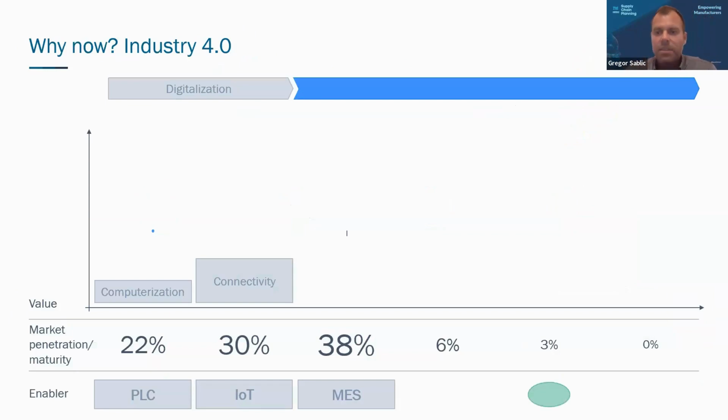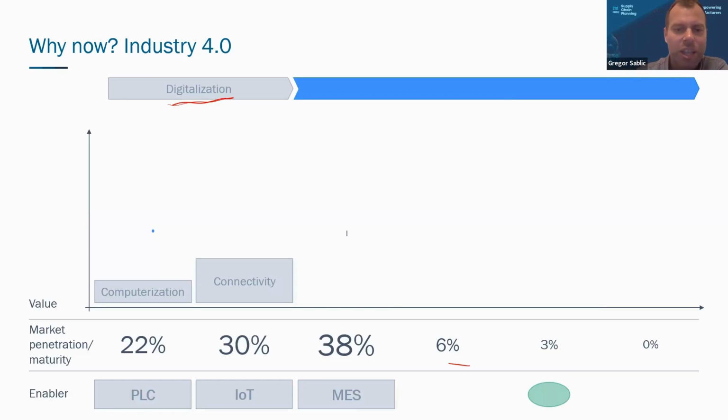Our experiences, as well as the outcome of researchers, and this is actually an outcome of academic research, also showed that even though we have lots of advanced Industry 4.0 solutions present on the market, usually companies stop here in the digitalization stage.